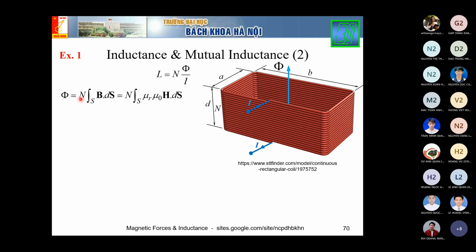Based on the definition of magnetic flux, we have this formula. A long time ago, we found that the magnetic flux density inside this system is approximately constant, and so we can figure out the output of this integration like this.